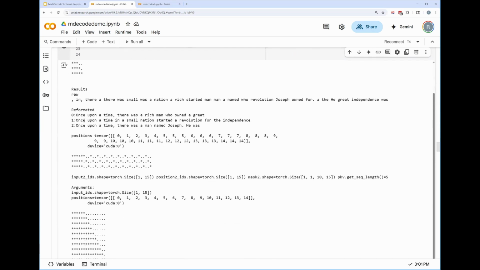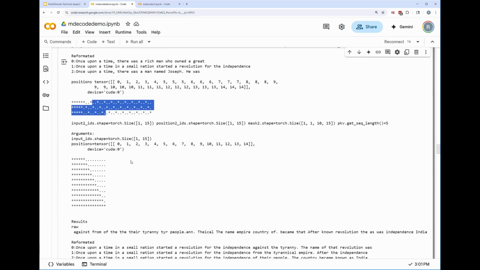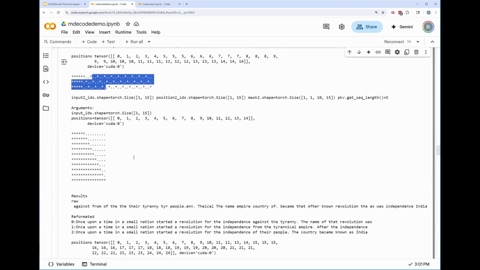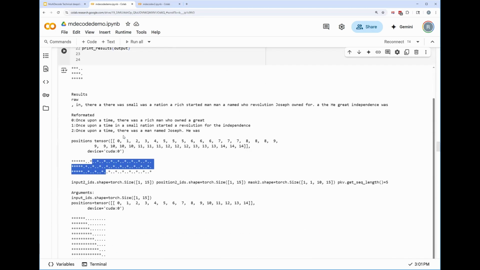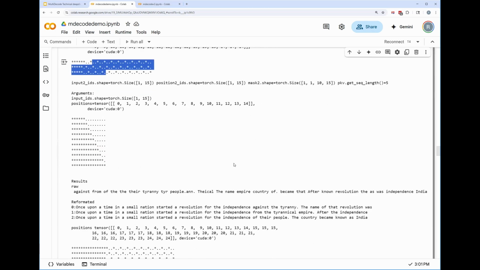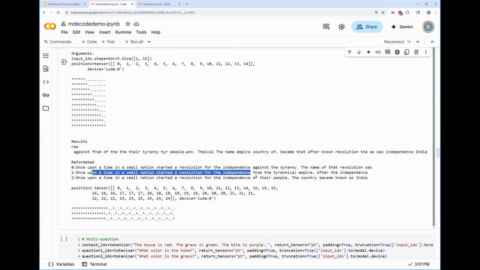So we select, I think it was number 2, and generate a new attention mask based on that. The results would be: once upon a time, a small nation started a revolution for independence. They all start with that, but they continue in their own direction from there.